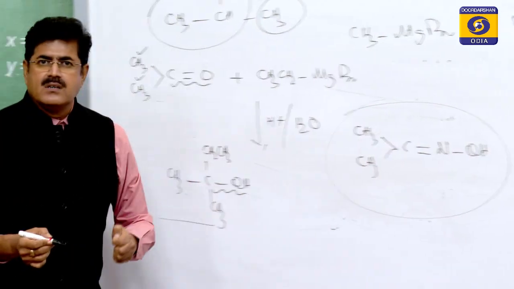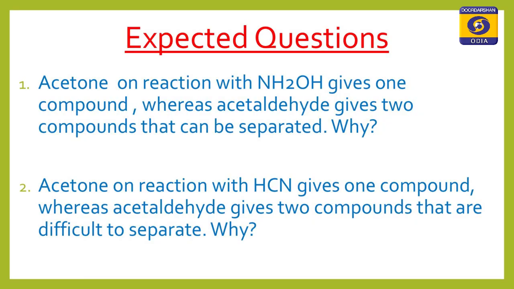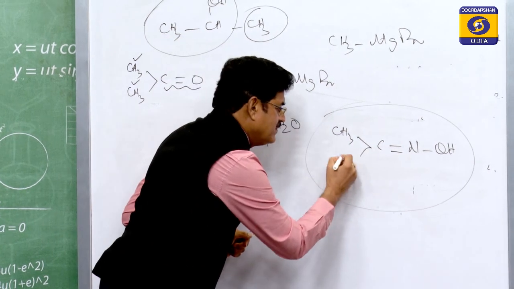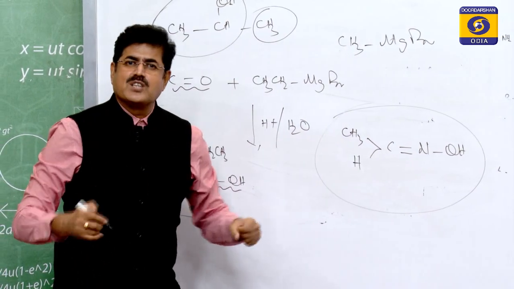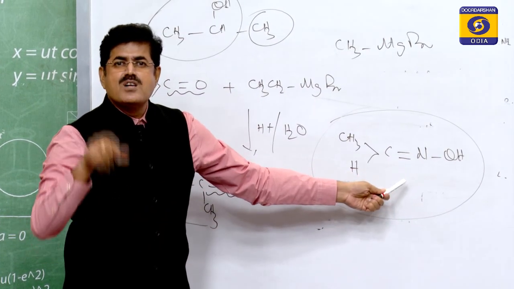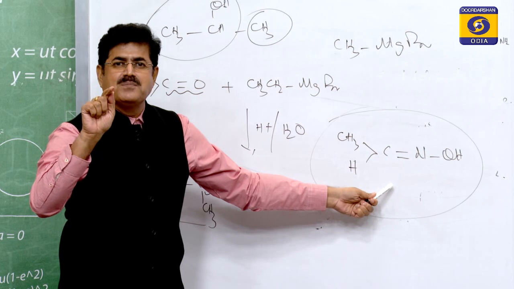Acetone gives only 1 compound, whereas acetaldehyde gives 2 compounds. This is acetaldehyde oxime, which gives 2 compounds. Why? Because it exhibits geometrical isomerism.